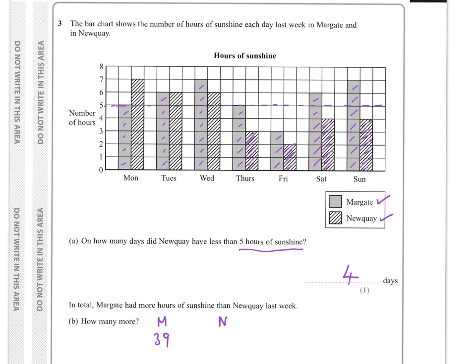And then in Newquay we would have, I'd count in twos here, so 2, 4, 6, 7, 9, 11, 13, 15, 17, 19, 21, 22, 23, 24, 26, 28, 30, 32. So it said Margate had more, yes it did, and there were 7 hours more because we just do 39 take away 32.